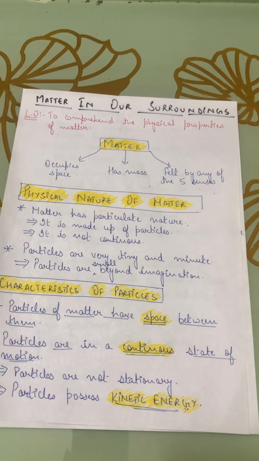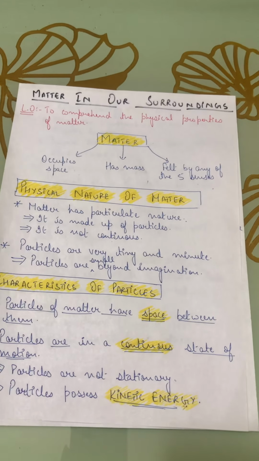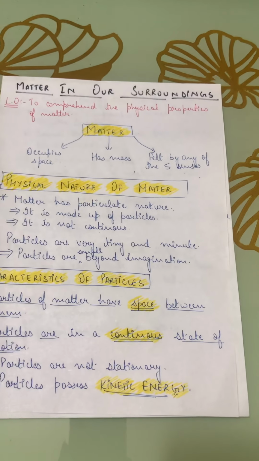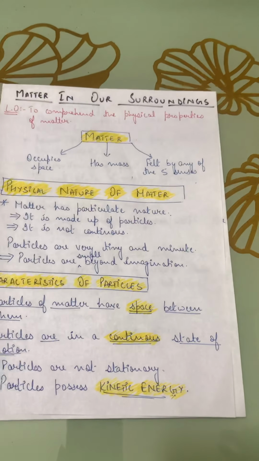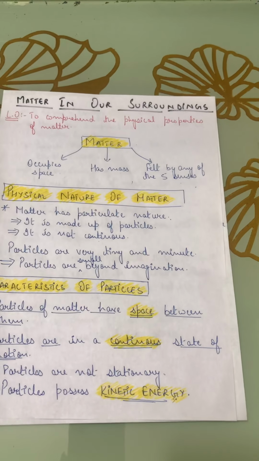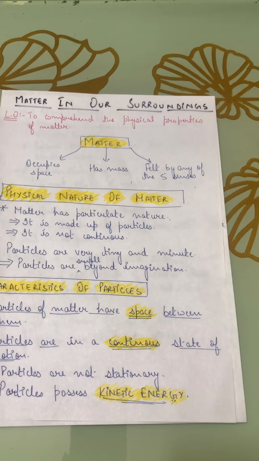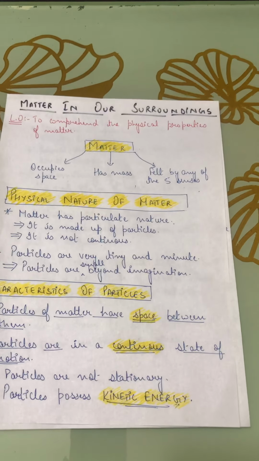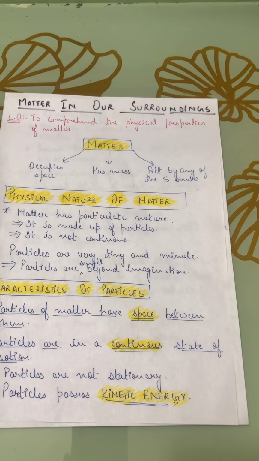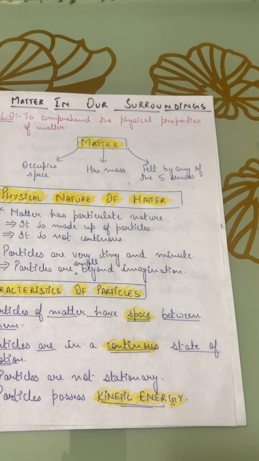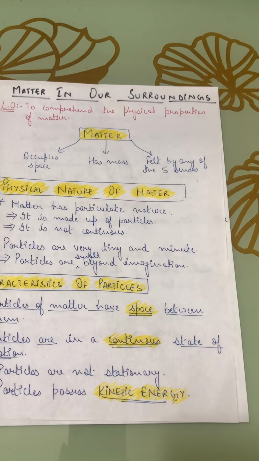How is it possible? This is possible because the particles are moving. When your friend opens up the bottle of perfume, the perfume particles come out of the bottle, they intermix with the air particles, move and carry the smell to you.